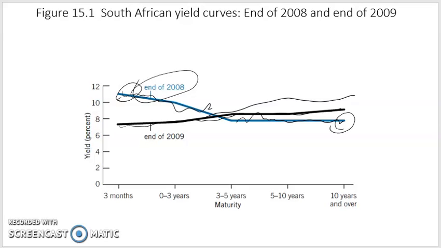So the question to ask now is, why was the yield curve downward sloping at the end of 2008, but upward sloping at the end of 2009? Or put another way, why were long-term interest rates lower than short-term interest rates at the end of 2008, but higher at the end of 2009? What were the financial market participants thinking at each date?